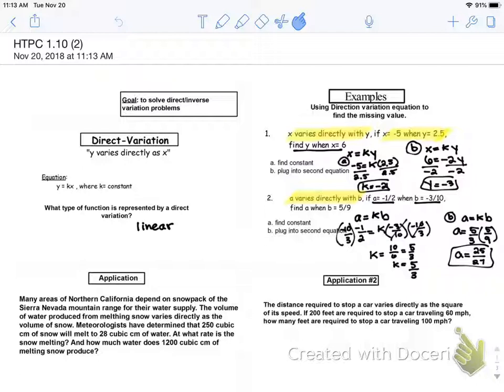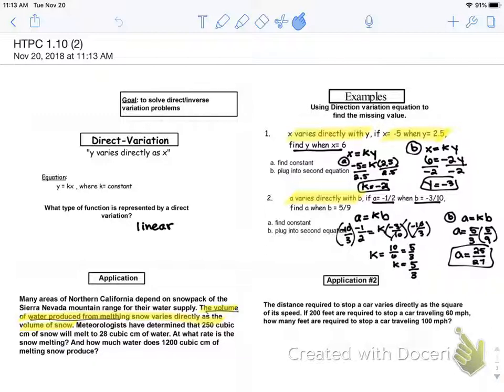All right, let's look at that important sentence in here. It said the volume of water produced from melting snow varies directly as the volume of snow. All right, I'm going to come up with some variables that relate here. So we're talking about the water produced.